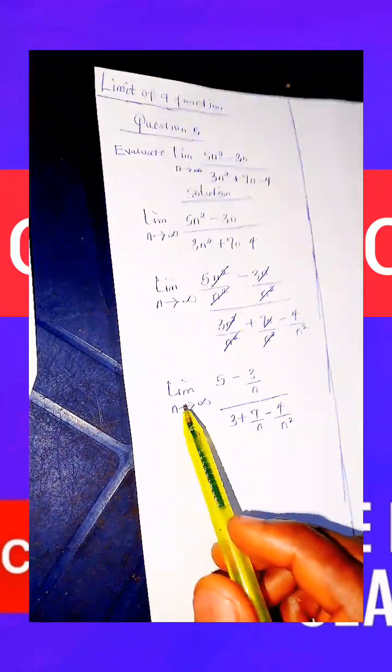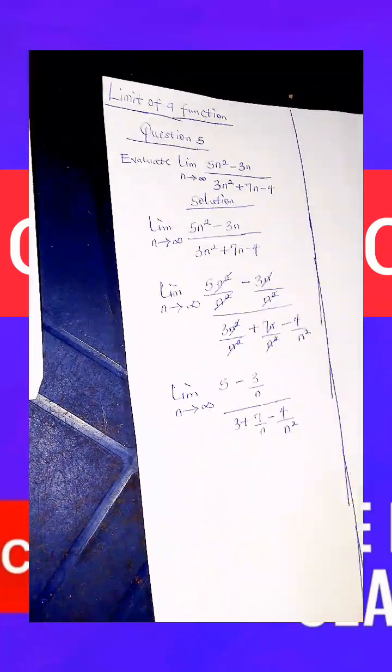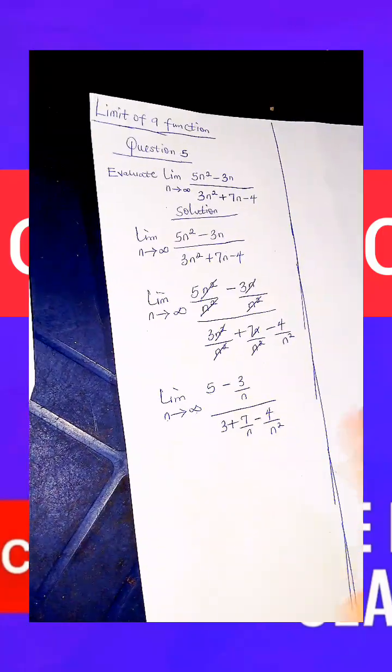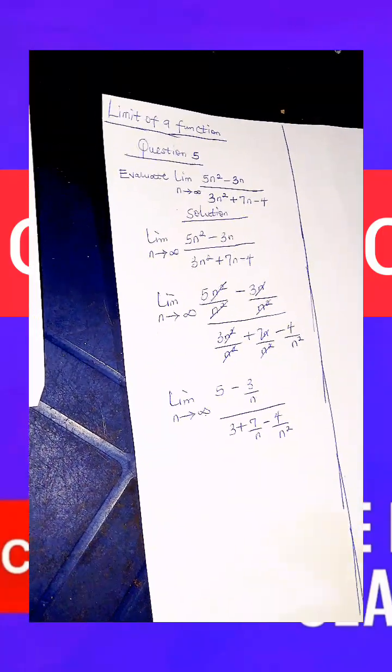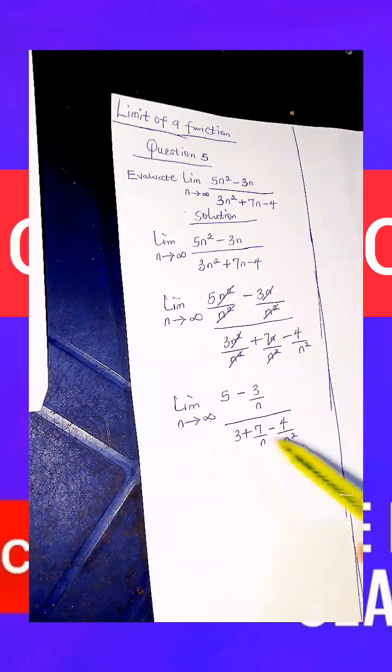Now since n is approaching infinity, anywhere we see n, we replace it with 0. Since n approaches infinity, this n is going to turn to 0.